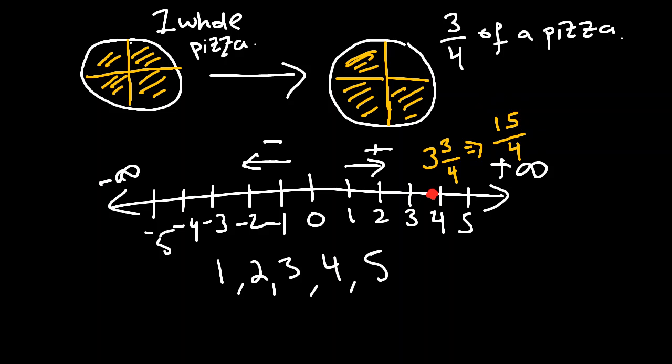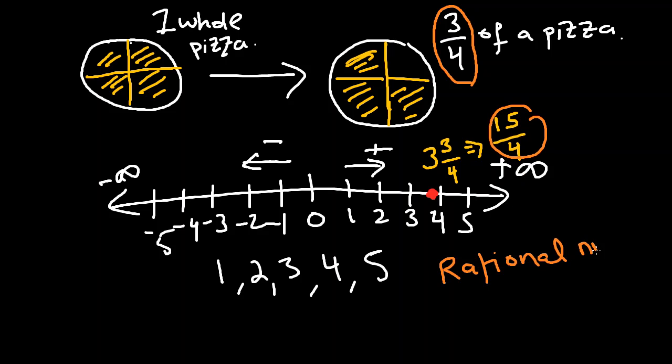So when we have fractions like this, such as 3/4 or 15/4, we call these rational numbers. Okay, just a fancy name for a number that can be expressed as a fraction of 2 integers. Okay, so let me repeat that. A rational number is a number that can be represented as a fraction of 2 integers.